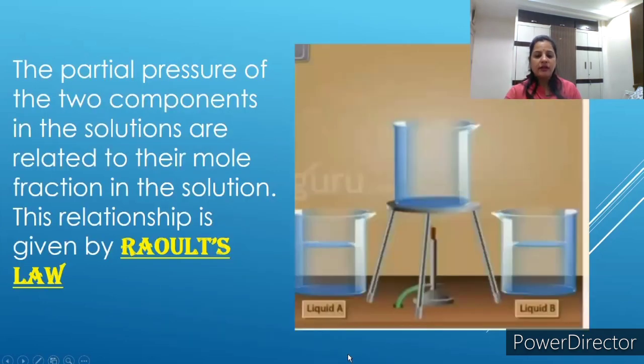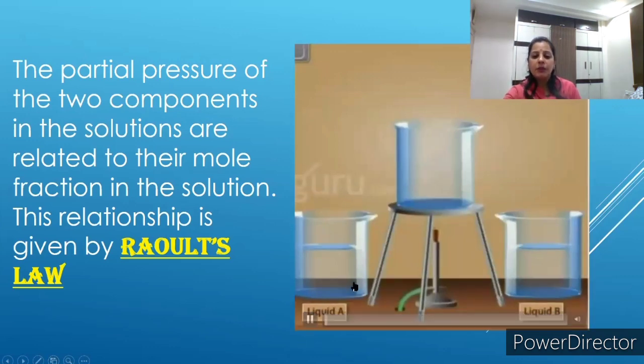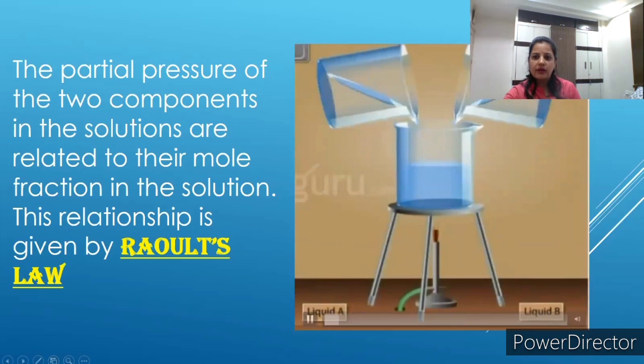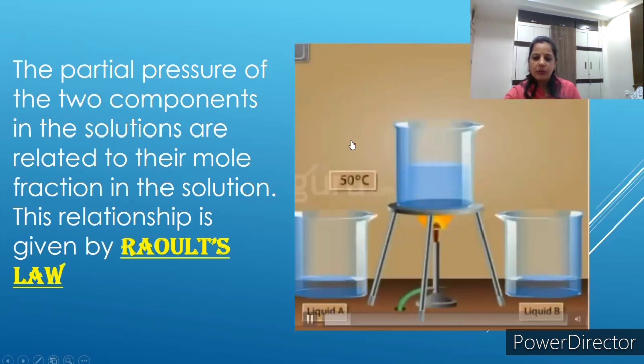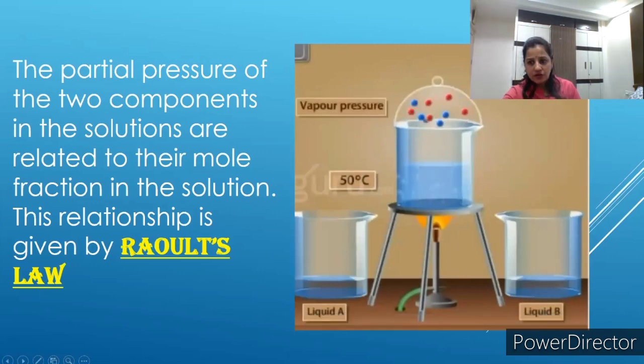What he is trying to say is that if we study the partial vapor pressure created by these two liquids, then the partial vapor pressure of, suppose, component A, is equal to the vapor pressure of the pure component liquid A into its mole fraction.